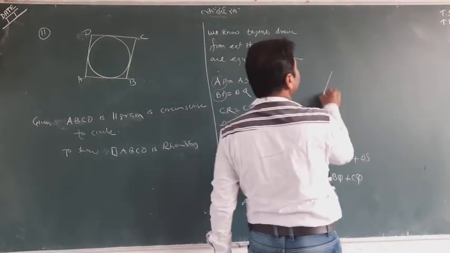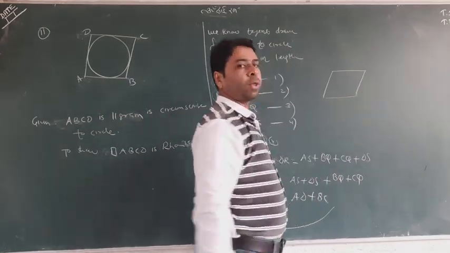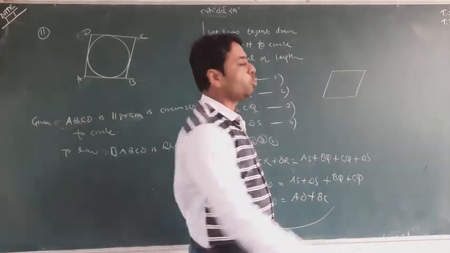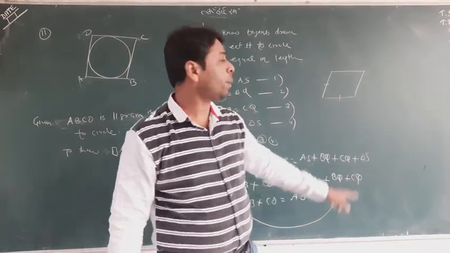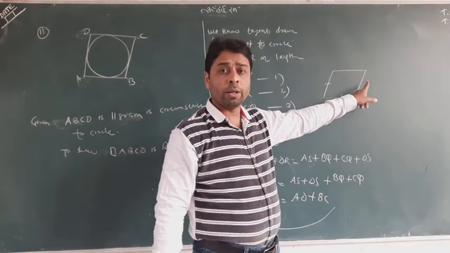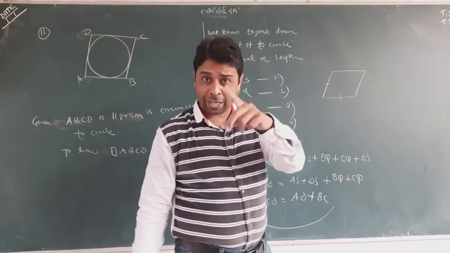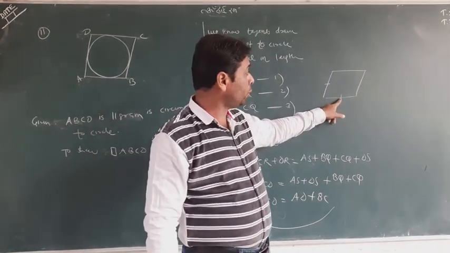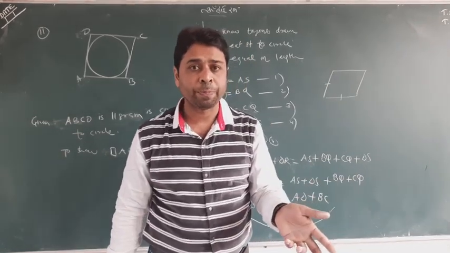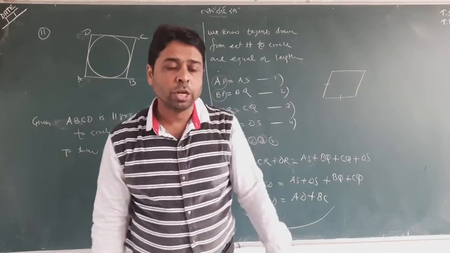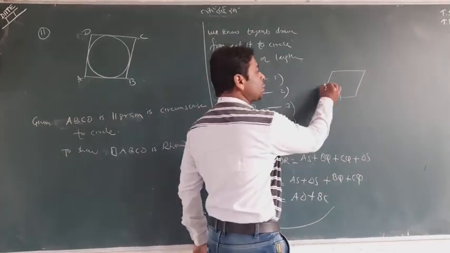Look at it. This is a parallelogram. This is going to be a rhombus when these two sides are equal. This is very simple because in the parallelogram these two are equal, these two are equal. But in the rhombus all sides are equal. So if you have shown these two are equal, all sides will automatically be equal, and at that time it's going to be a rhombus. So what is your main aim? These two must be equal.